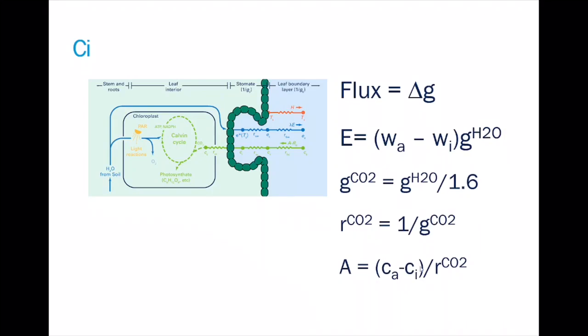So in order to get to CI, we actually use information from our water conductance, our boundary layer conductance, and so forth. So when you're troubleshooting your data, you need to keep that in mind.